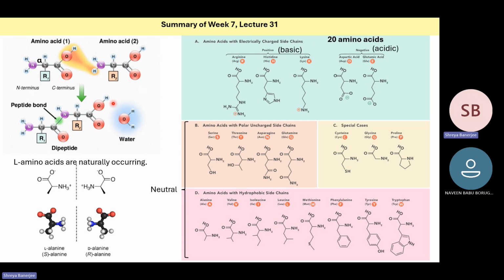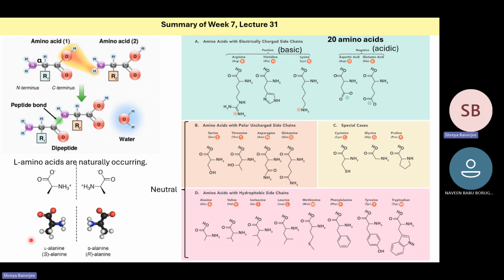Since this alpha carbon is attached to 4 different groups, it is chiral in nature, which means that the mirror image of the amino acid is non-superimposable with each other. So each amino acid can have 2 different configurations known as the L and the D configuration.